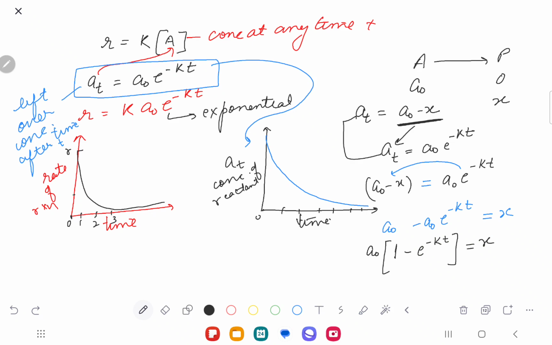Are you understanding? What is this? This is x. X is the amount of product formed. X is representing the amount of product formed. Just have a look.